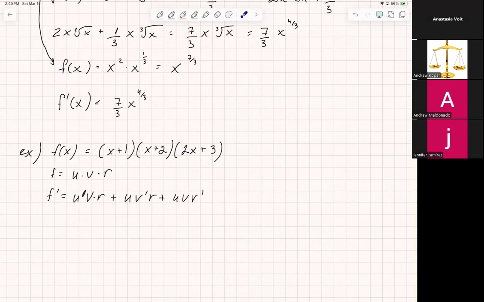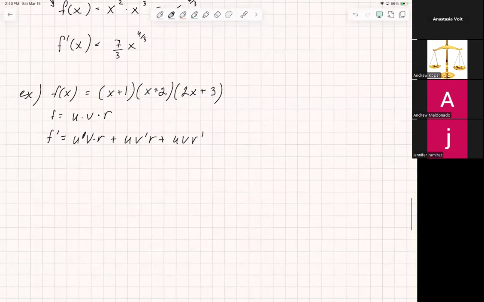So you take the derivative of the first factor, then the second factor, and then the third factor. Or if it's hard, you can just distribute and use the power rule, which also works fine.